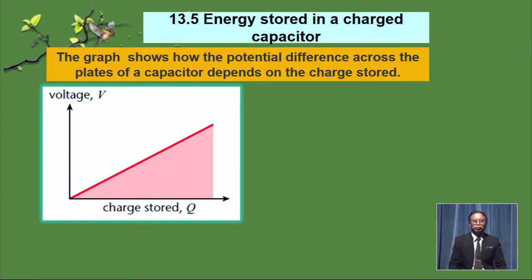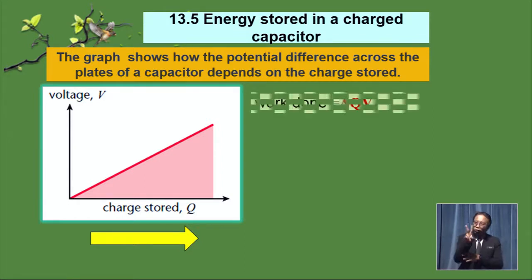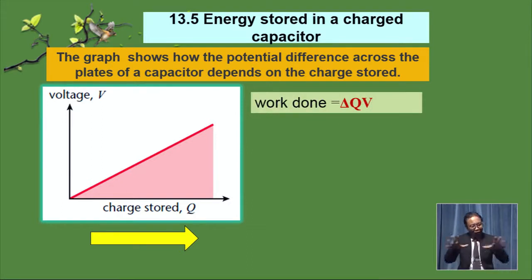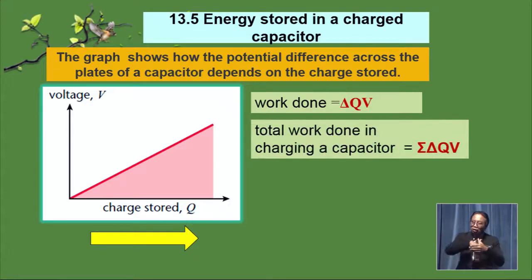When a charge delta Q is added to a capacitor at a potential difference V, the work done is delta Q times V. The total work done in charging a capacitor is the sum of charges times the potential difference across the capacitor.